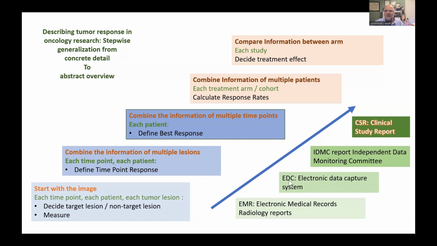Nowadays, those are the electronic data capture systems. From the electronic data capture systems, we then come to response rates, and those may be documented in an IDMC report, an independent data monitoring committee report, which looks independently at what the response rates are and takes out all the subjectivity.